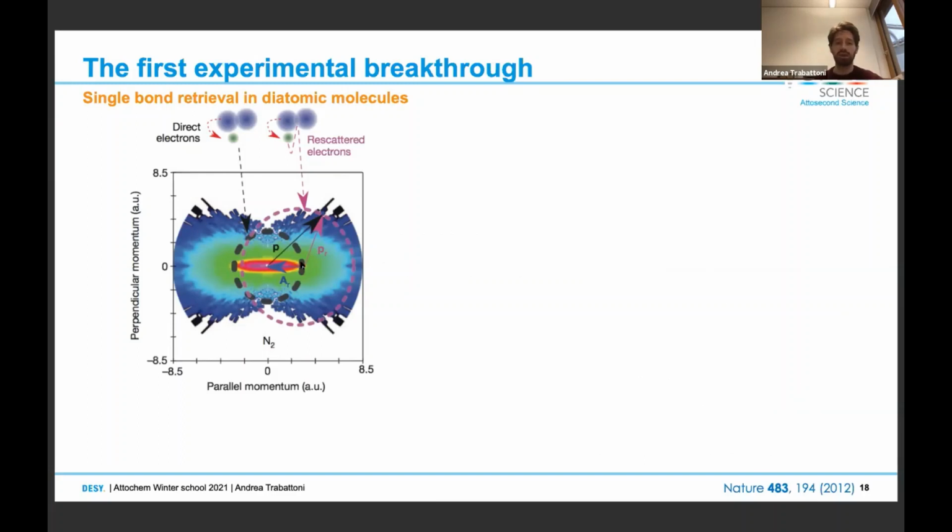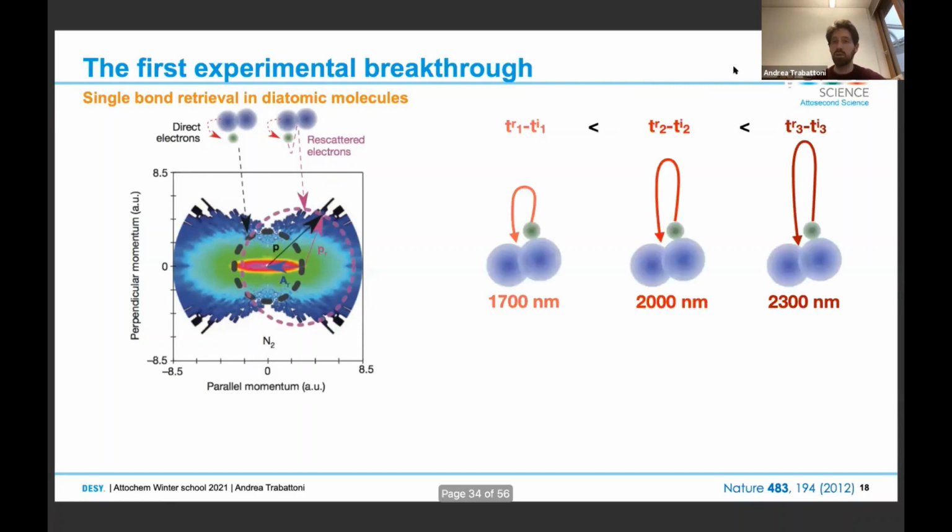They were shifting the frame from the laboratory to the rescattering frame. This is the momentum at rescattering. And they were acquiring, plotting and analyzing the momentum distribution of the high energy rescattered electrons. And the nice thing is that they were performing the experiment at different wavelengths, starting with 1.7 micron.